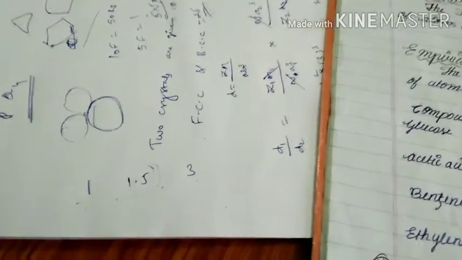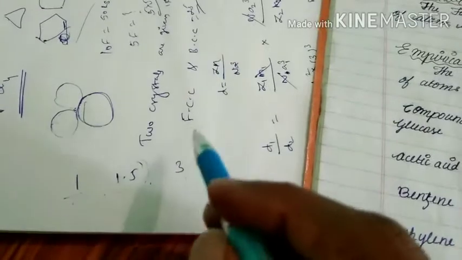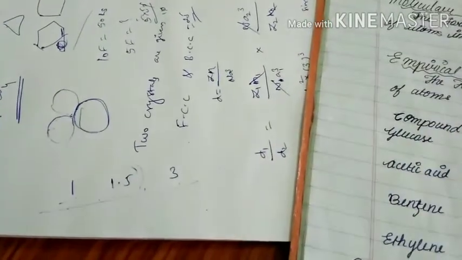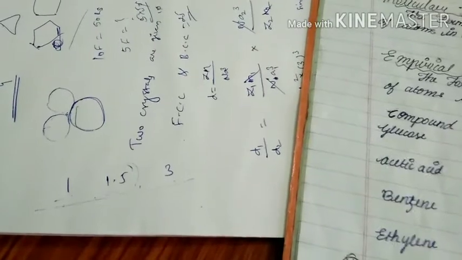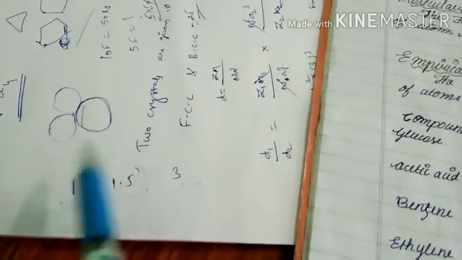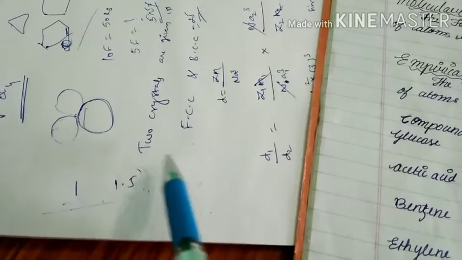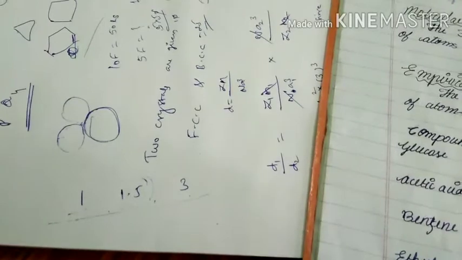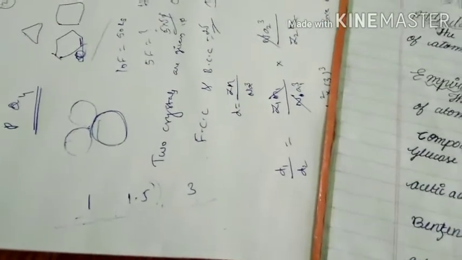Those are not nearest values. In such a case, what do we have to do? These total values will be multiplied by a particular factor, a particular number, to get integers.